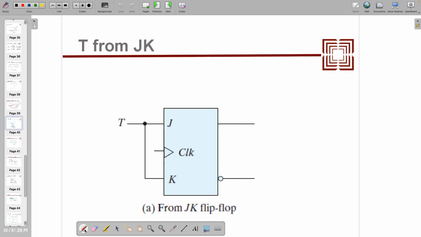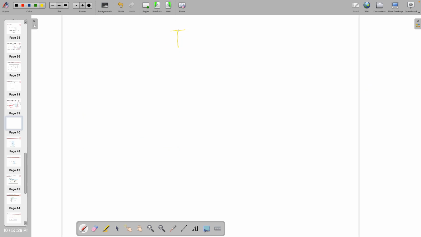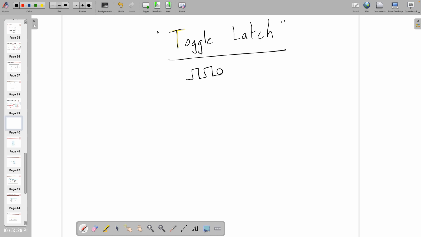Anyway, now there is another one which is very popularly known as toggle latch, or same for toggle flip flop. Toggle latch is the one which is going to give you the toggling output, means it's 1 and 0, 1 and 0.